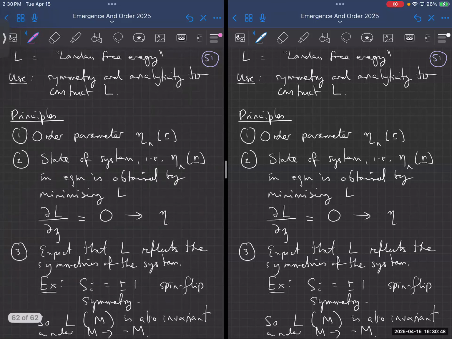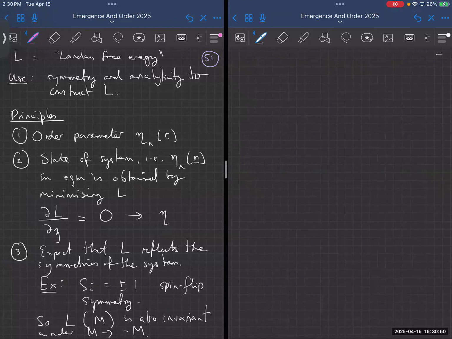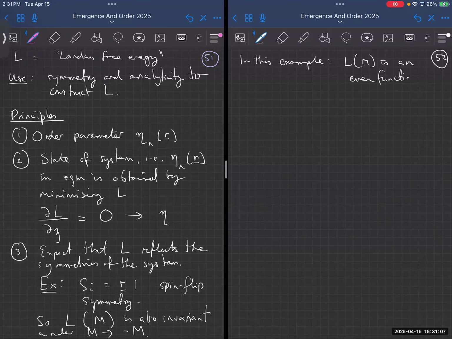So if that's true, then in this particular example, L of m is an even function of m, at least if the external magnetic field is equal to 0.